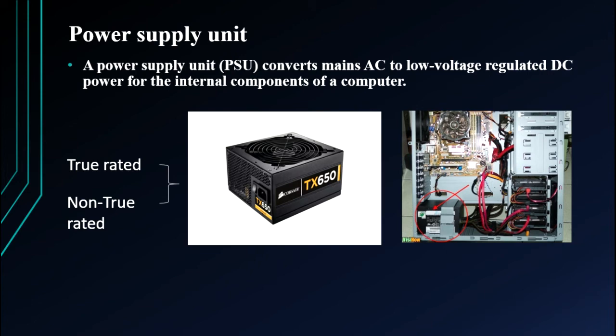Okay, so if your components are high specs or high end, or are needed by a high current voltage, then that is where the true rated comes in. A true rated power supply uses high condensed wires to perform high voltage current.